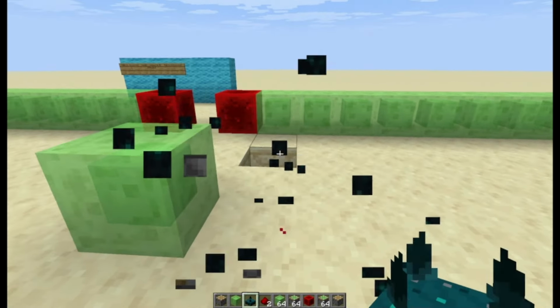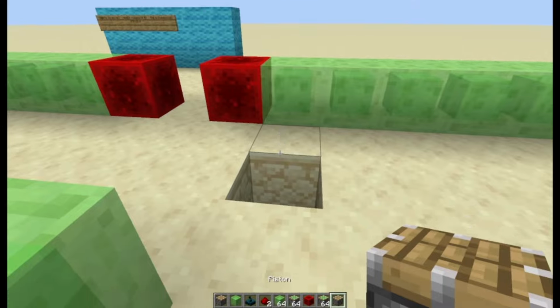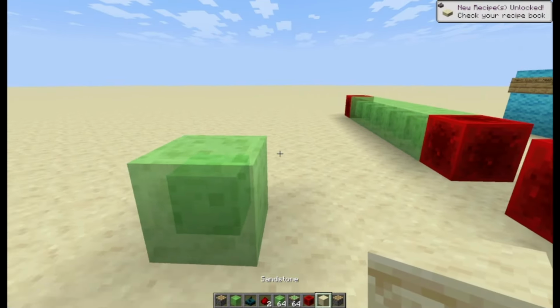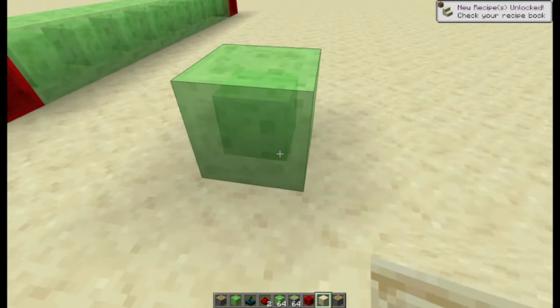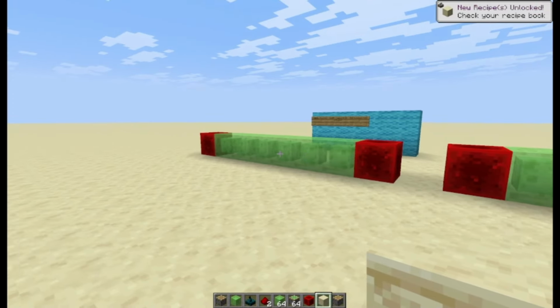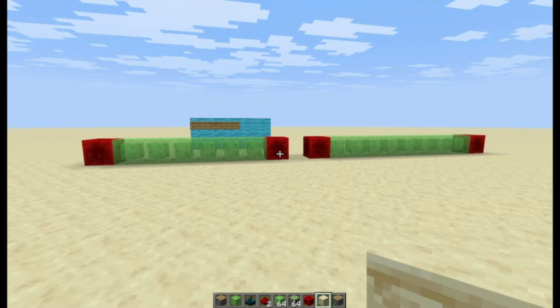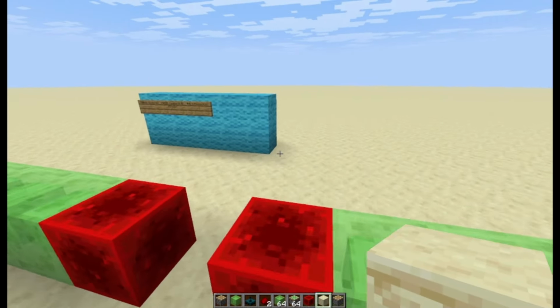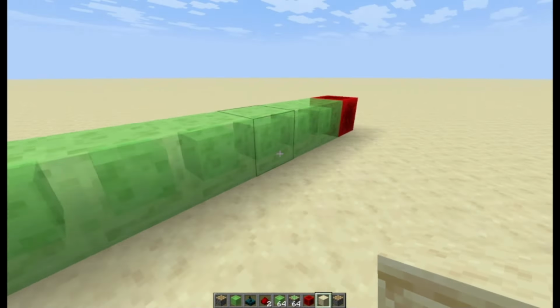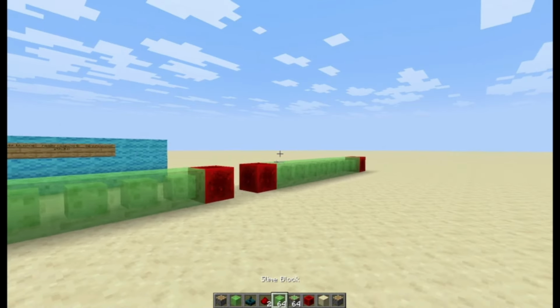Why are my pistons not powering? Because they very well should at this point, I would think. But if you know what's going on, let me know. But I think that's kind of the premise. That's the thought, and I think that's where we're going to leave it today.